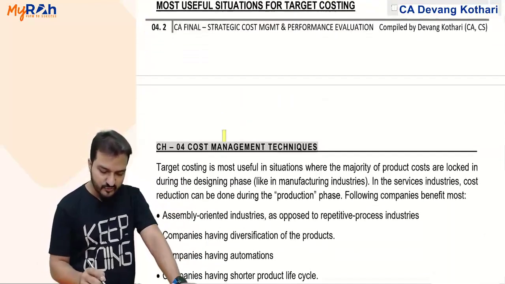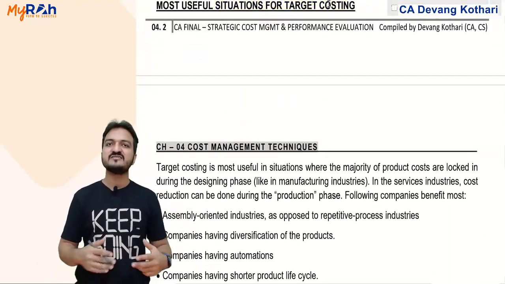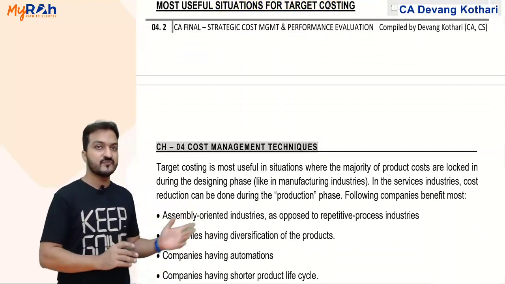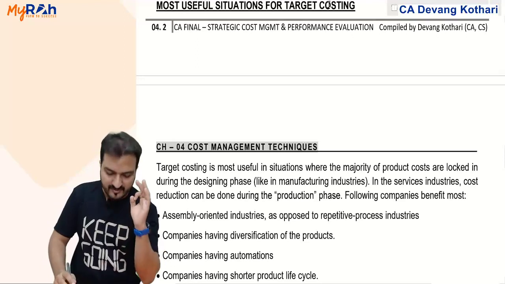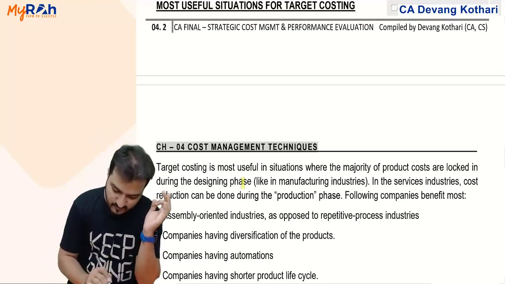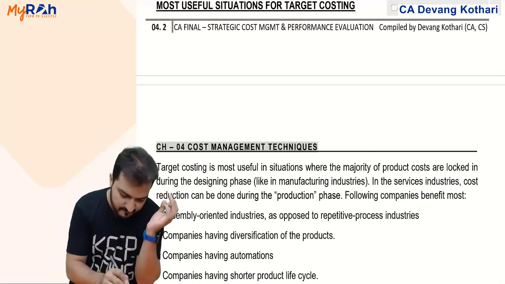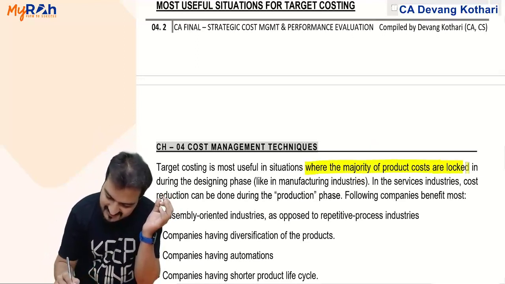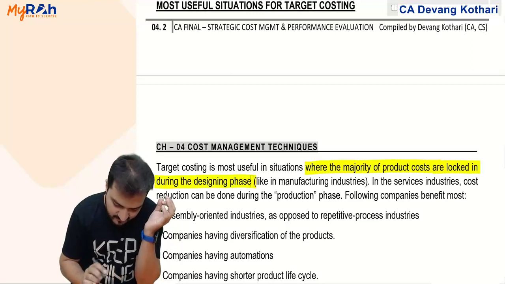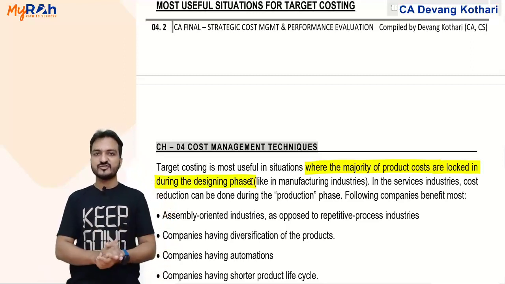And finally, the situations where target costing is implemented, the most useful situations where target costing should be implemented. Only one point is important: target costing is most useful in situations where the majority of the product costs are locked in during the designing phase. Like in manufacturing industries.